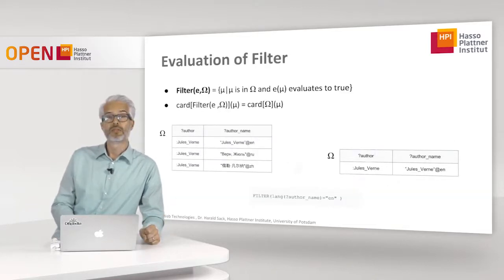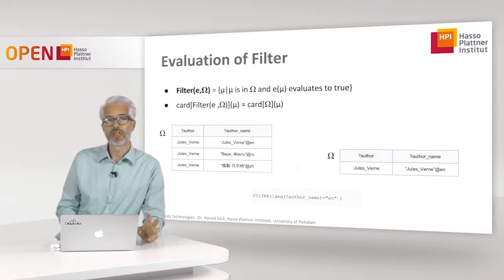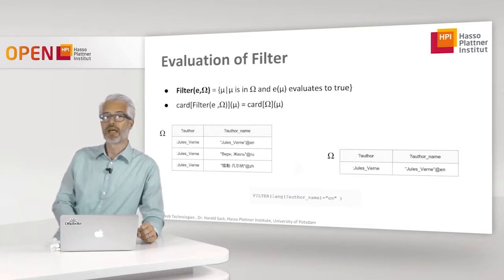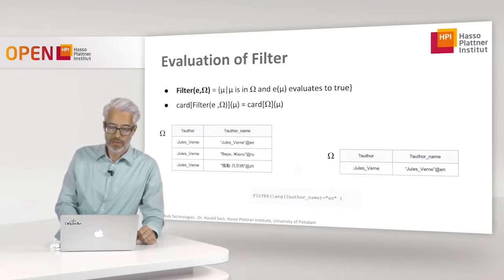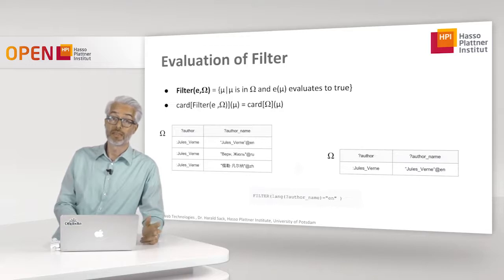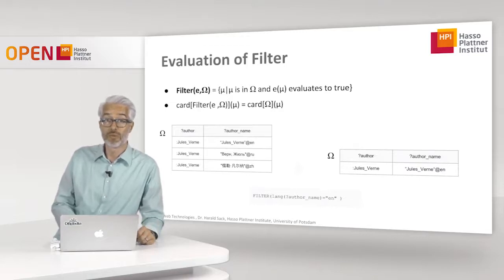Now let's continue with the filter expression. Usually a filter expression is applied with an expression E, which has to be evaluated on a solution mapping mu and the multiset omega. It results in a solution mapping mu, where mu is in omega and E applied on mu evaluates to true.